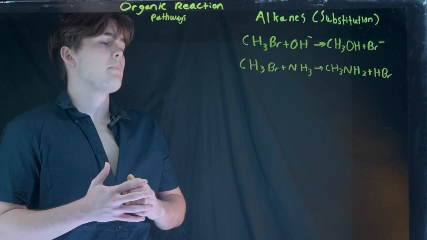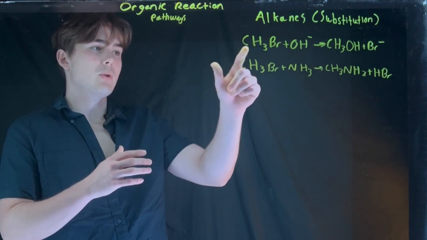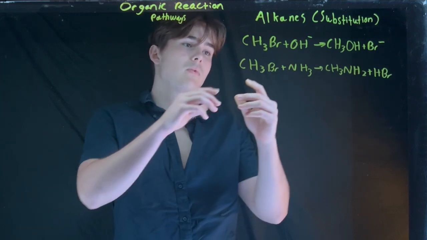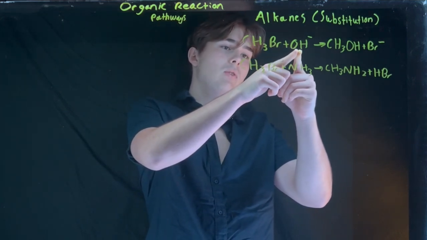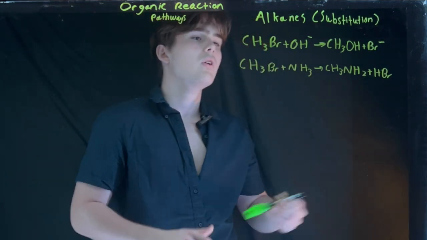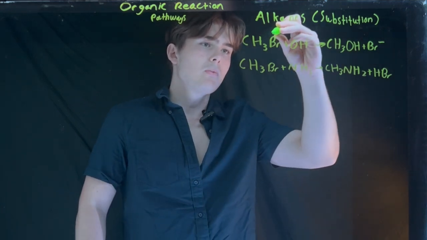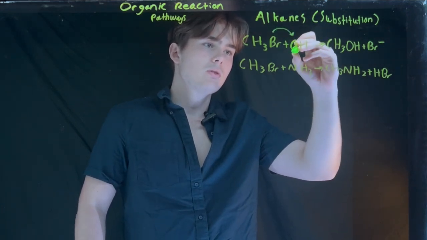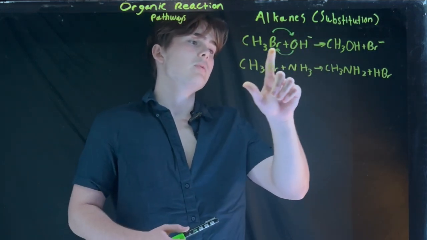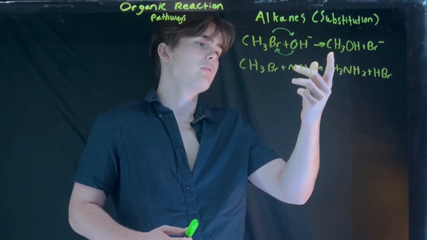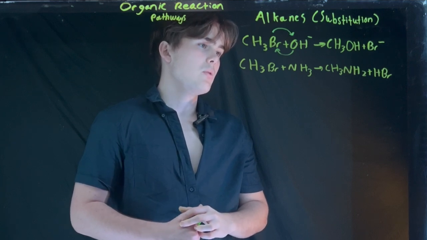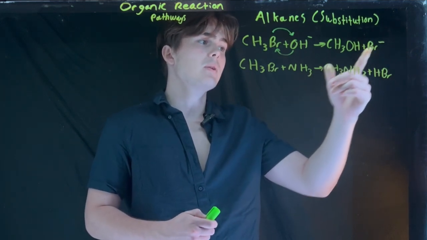So what happens is, focus on this first one here. It's a substitution reaction, same thing as before. The bromine and the hydroxide are just going to switch places. We can see we have CH3 with that hydroxide group, and also the bromine there.